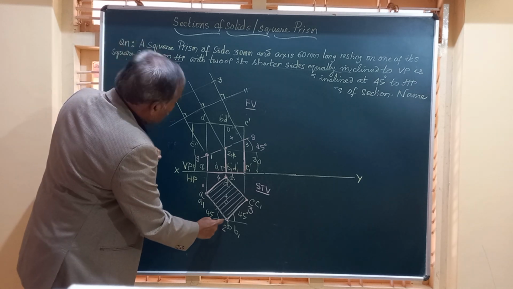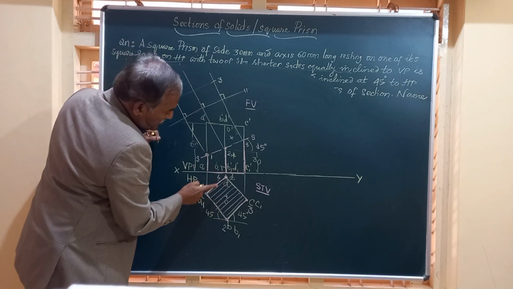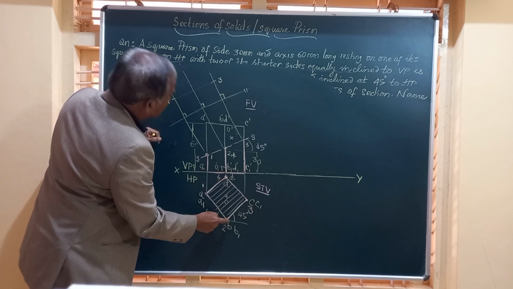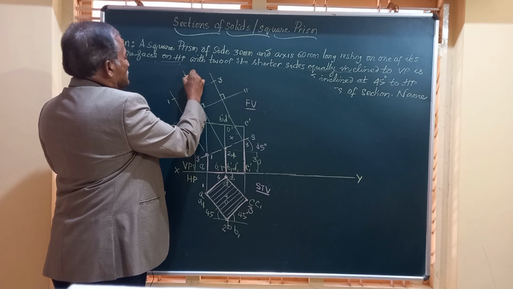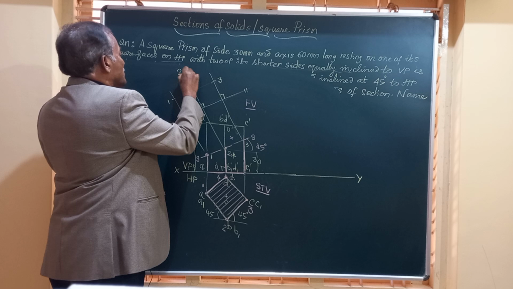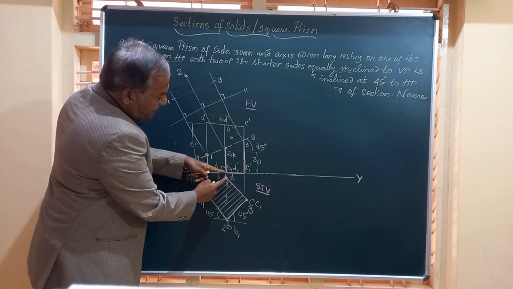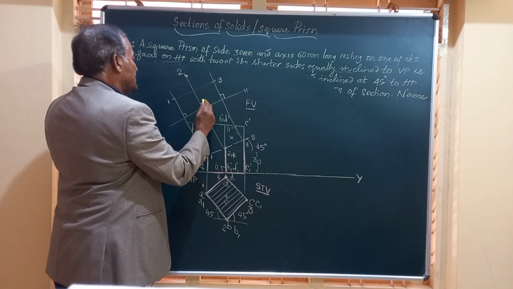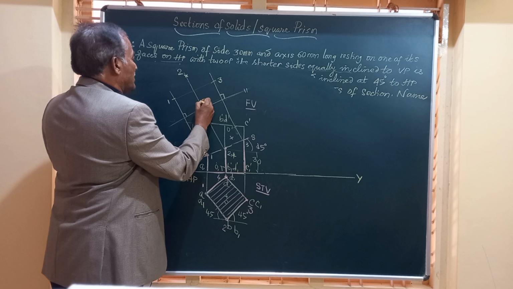Then friends, 2 is away. How to get the distance of point 2? Point 2 is this much from XY. This is point 2. Finally 4: from XY to point 4 in the top view, that is somewhere here, a small distance.